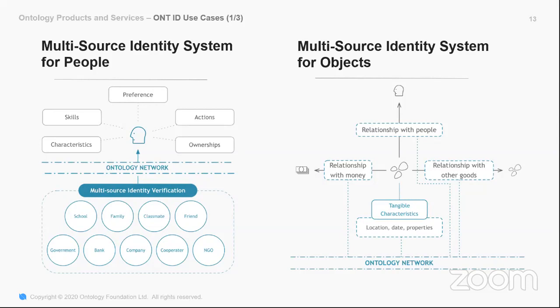So you can see on the left, a multi-source identity system for people: things like preferences, skills, characteristics, any actions that you've taken. If you want to track your browsing history, or you want to participate in different ecosystems and use different services, it's useful to implement that tracking because it can help you make smarter decisions about yourself.